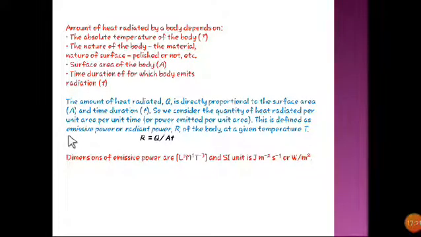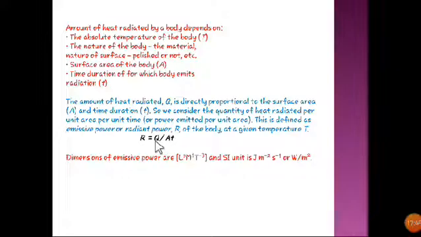So let's see the definition of emissive power. Emissive power is the amount of heat radiated, Q. The amount of heat radiated, which is Q, is directly proportional to the surface area and time duration. So we are going to consider the whole term as Q by AT.